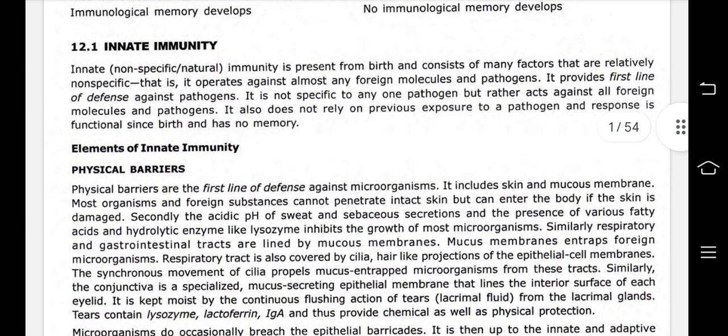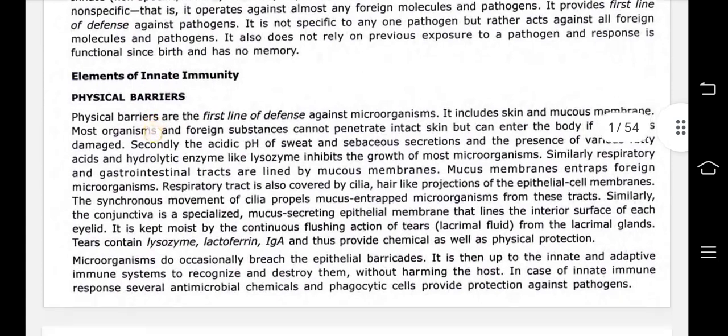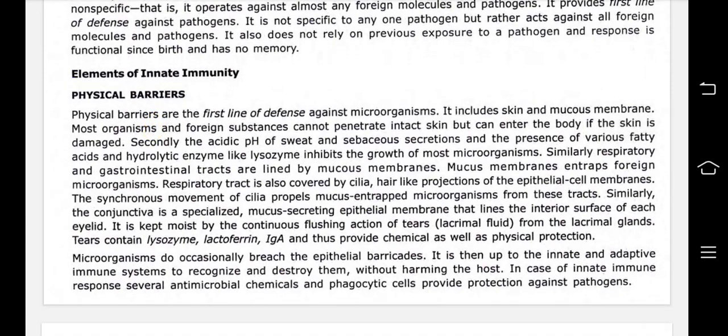It is not specific to any one pathogen, but rather acts against all foreign molecules and pathogens. It also does not rely on previous exposure to a pathogen, and the response is functional since birth and has no memory.